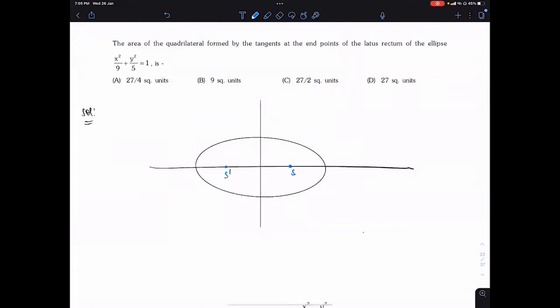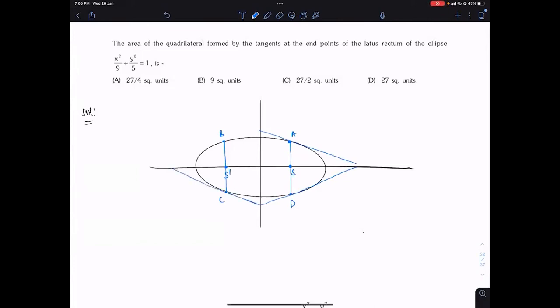If you draw a chord perpendicular to the major axis through a focus, these are the endpoints of latus rectum, A, B, C, D. Now at the ends of latus rectum you're drawing tangents. So at four ends, you can draw four tangents. Then they are asking the area of that quadrilateral.